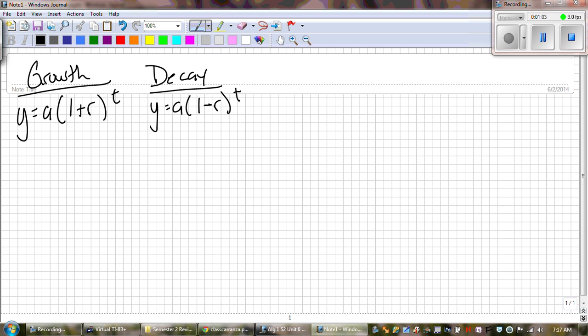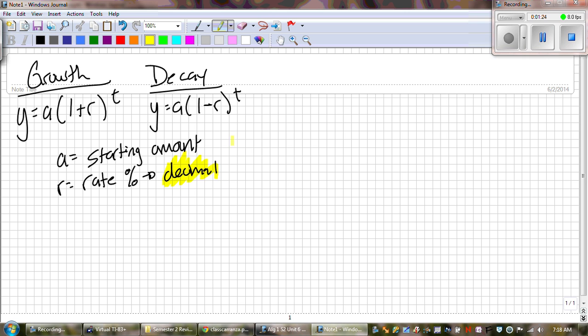For both of those, a equals your starting amount, r equals your rate, and we always wanted that rate as a decimal. Always make sure that it's changed to a decimal. And t equals your time. Those were the first 2 that we talked about.